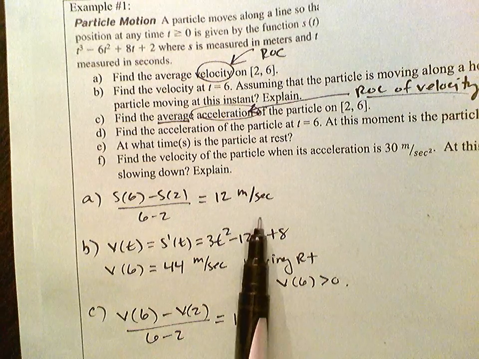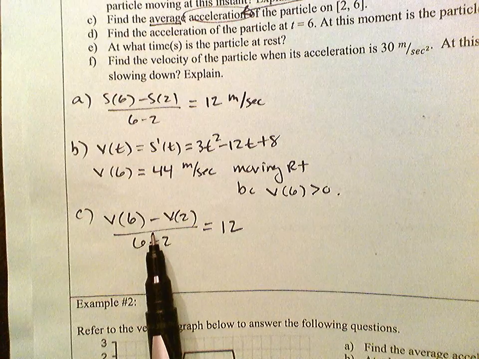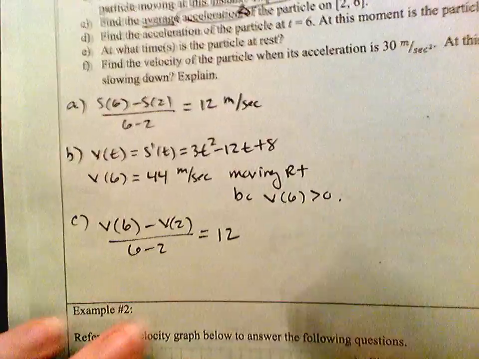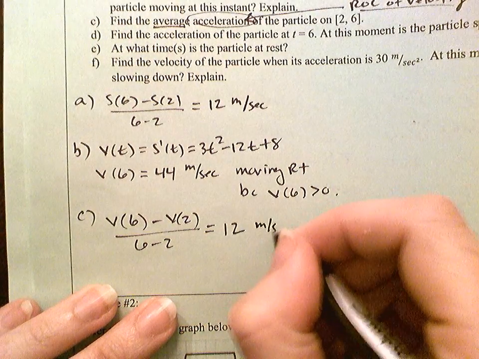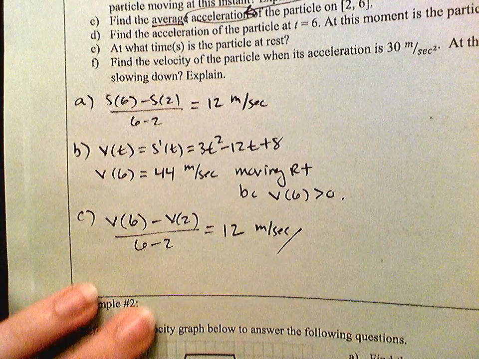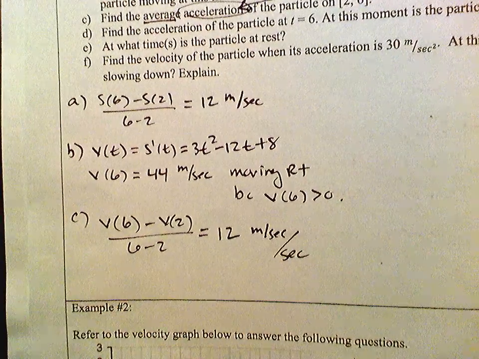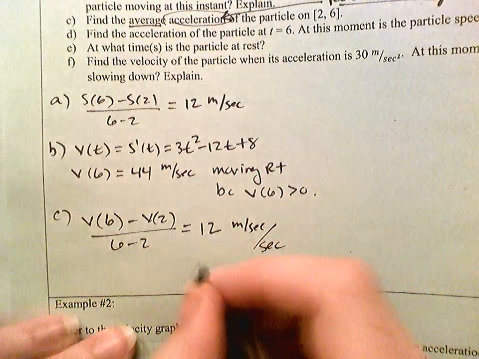Now, how is velocity measured? The units on velocity here are meters per second. So the numerator is changing in meters per second, and the denominator is changing again in seconds. So this is meters per second per second. All right, that's the units on the rate of change there.